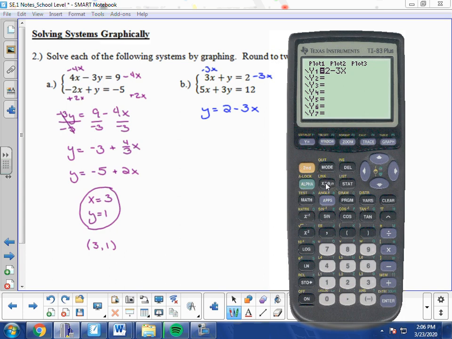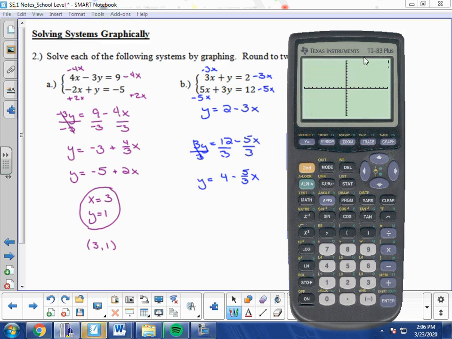Then in the second equation, I want to get y by itself again here, so subtract 5x. So that gives me 3y equals 12 minus 5x. Now I need to get rid of the 3 in front of the y, so I divide by 3. Simplifying where I can, y equals 4 minus 5/3 x. So go ahead and type that in and graph these.